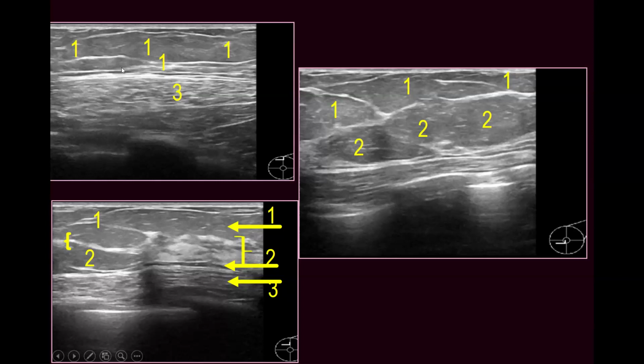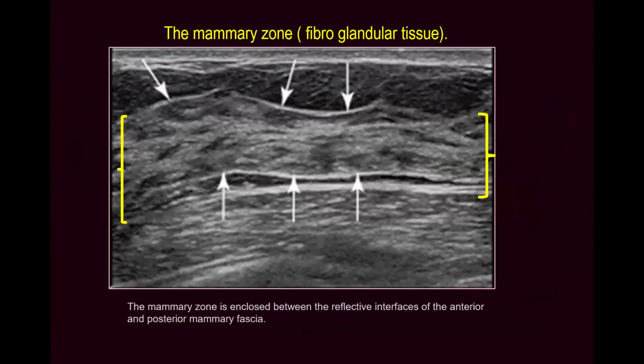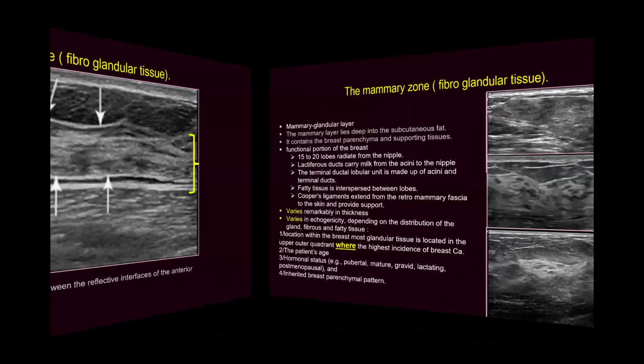I could not appreciate the retro-mammary zone. I could see only the pectoralis muscles. Again, here, this is the pectoralis muscle. Here, this is the pre-mammary zone. This is part of the mammary zone, okay? So the mammary zone extends here. The fat posterior to this is retro-mammary, and this is the pre-mammary zone. And this is very clear here, okay?